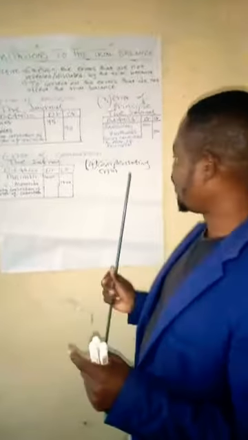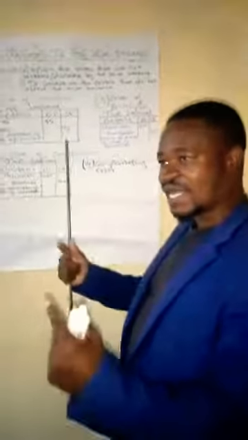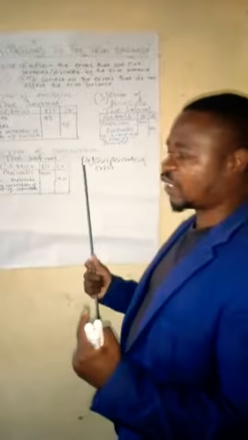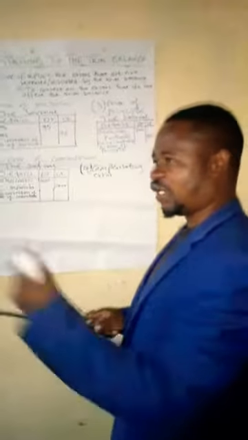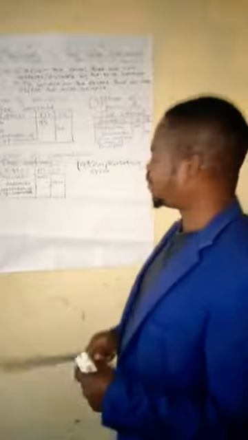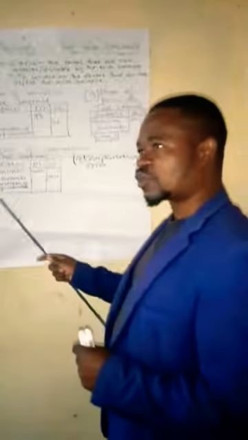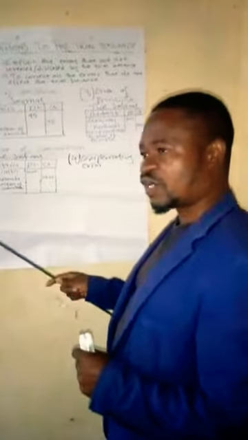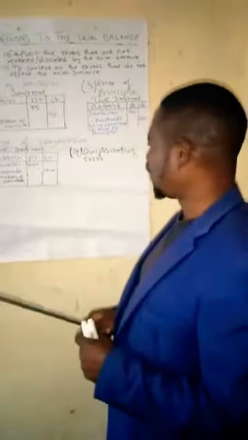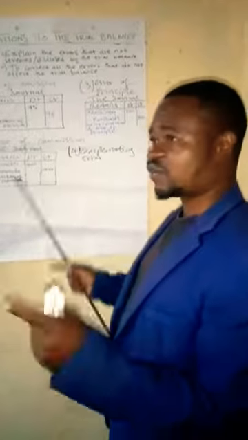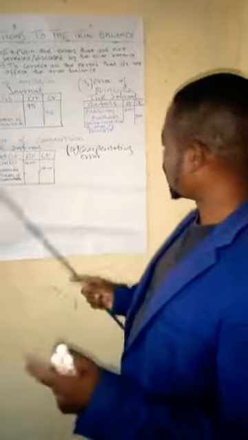It means those two accounts are cancelling each other. If you have 500 kwacha, for instance, in the purchases account which has a debit balance, then you also add 500 kwacha in the sales account which has a credit balance. It means those two accounts have cancelled each other, or they have compensated each other.